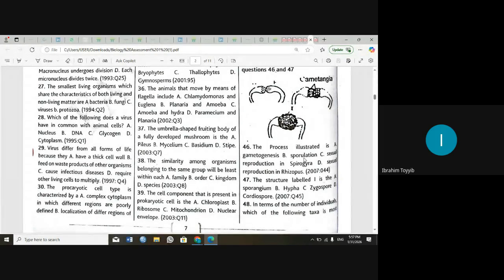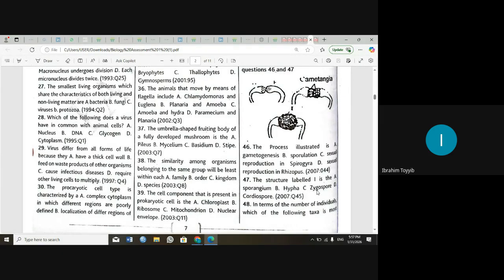So number 47, the structure labeled I. You know that it's not the sporangium. Sporangium consists of spores, and we are not talking about spores here. We are talking about sexual reproduction, gamete. So it's not hyphae, and it's not conidiospore.